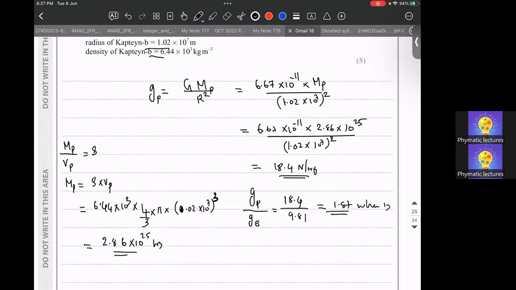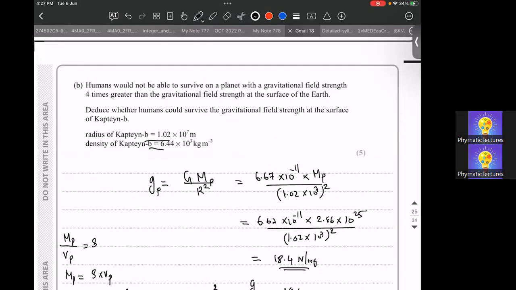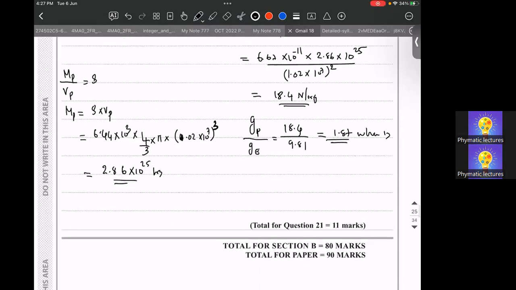They are saying that humans will not be able to survive if this is 4 times greater. This is only 1.87 times, which is less than 4. So humans could survive the gravitational field strength.